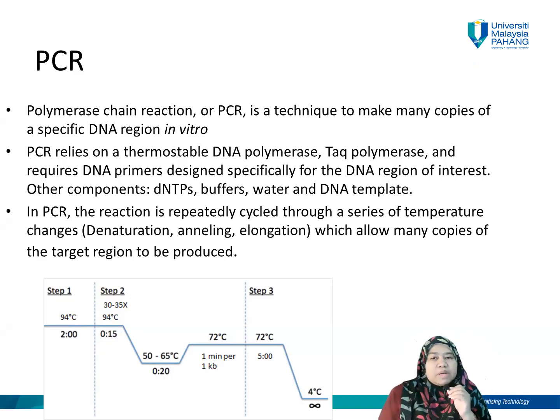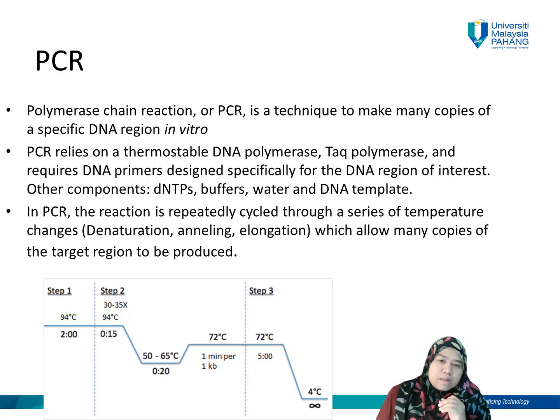PCR relies on a thermostable DNA polymerase, which is Taq polymerase, and requires DNA primers designed specifically for the DNA region of interest. You can design primers that are homologous to your sequence or heterologous to your sequence.